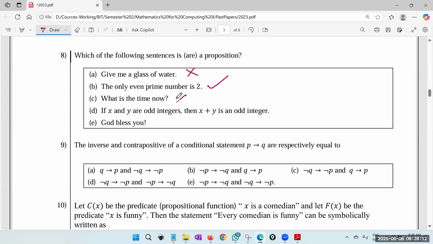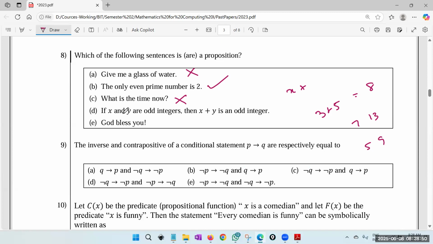Questions are not propositions. We discussed that, right? Questions, wishes. If x and y are odd integers, then x plus y is an odd integer. Remember, when you add two odd numbers, like 3 and 5, you get an even number. That is correct for any odd numbers: 7 and 13 give 20, 5 and 9 give 14. When you add two odd numbers, you always get an even number.